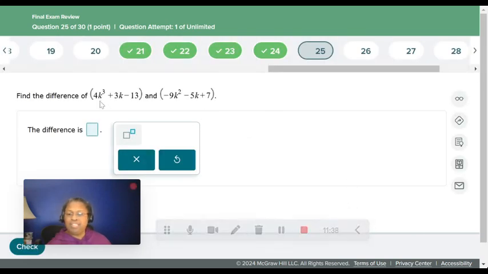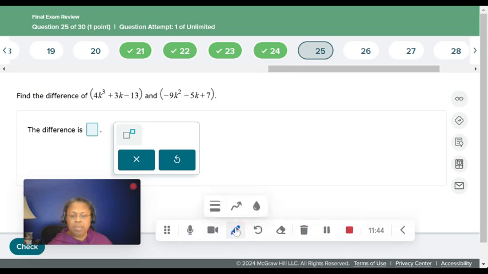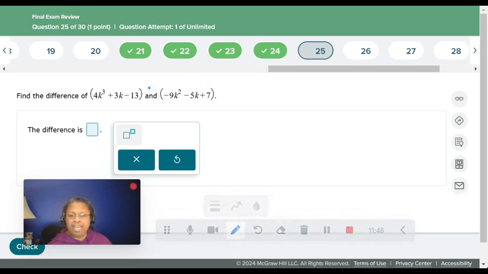Find the difference of this term and this term. What does that mean? That means that we are putting a minus sign right here. So we're subtracting, which means that this is going to become positive, this is going to become positive, and this is going to be negative.